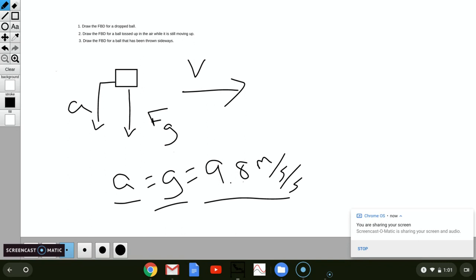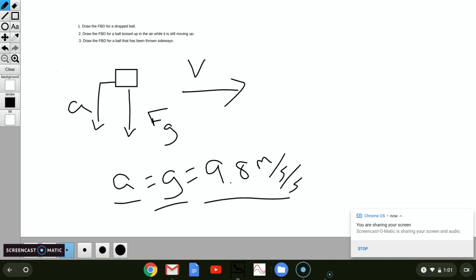So what we get here is two different types of motion for the same object. In the horizontal, it's moving at constant velocity, and in the vertical direction, it is accelerating down at 9.8 meters per second per second.